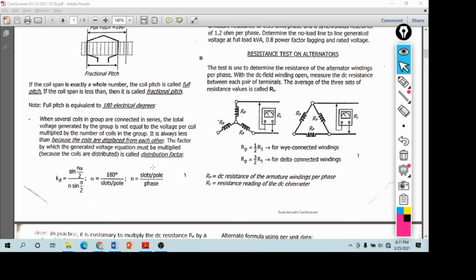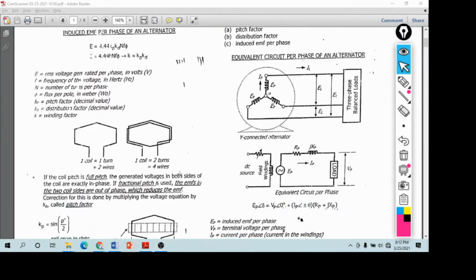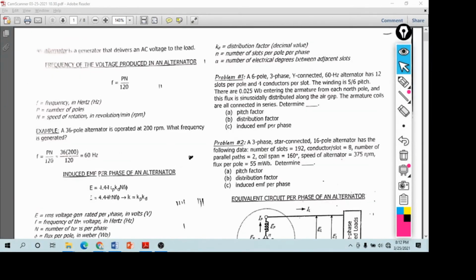So that is the formula. Where Kd is the distribution factor, a decimal value, n is the number of slots per pole per phase, and alpha is the number of electrical degrees between adjacent slots. So, let's have an example.